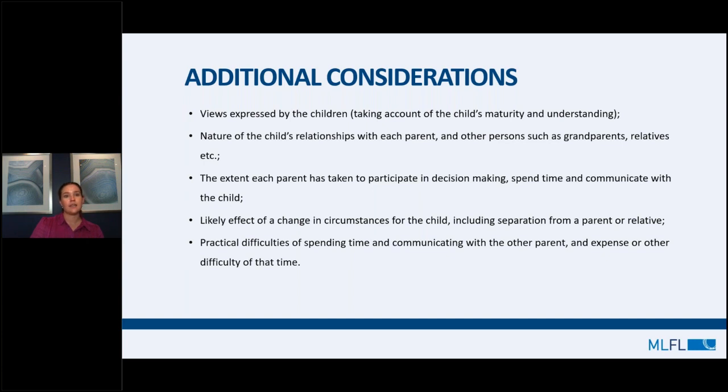The extent that each parent has taken previously to participate in decision-making, spending time and communicating with the child. The likely effect of any change in circumstance for the child, including separation from a parent or relative. And of course, any practical difficulties of spending time and communicating and the expense of that.